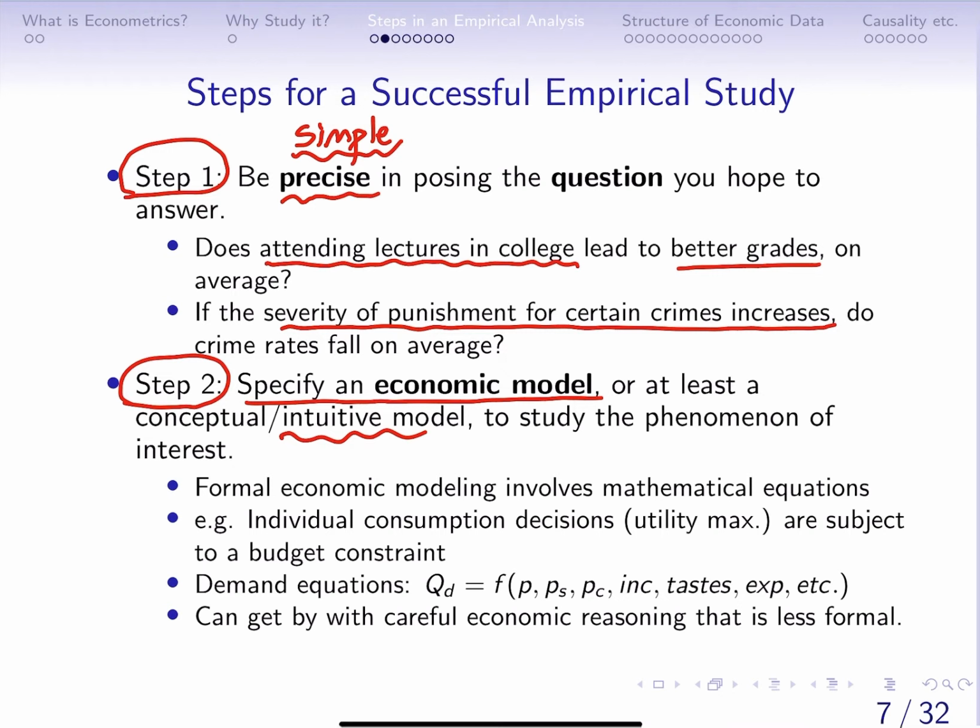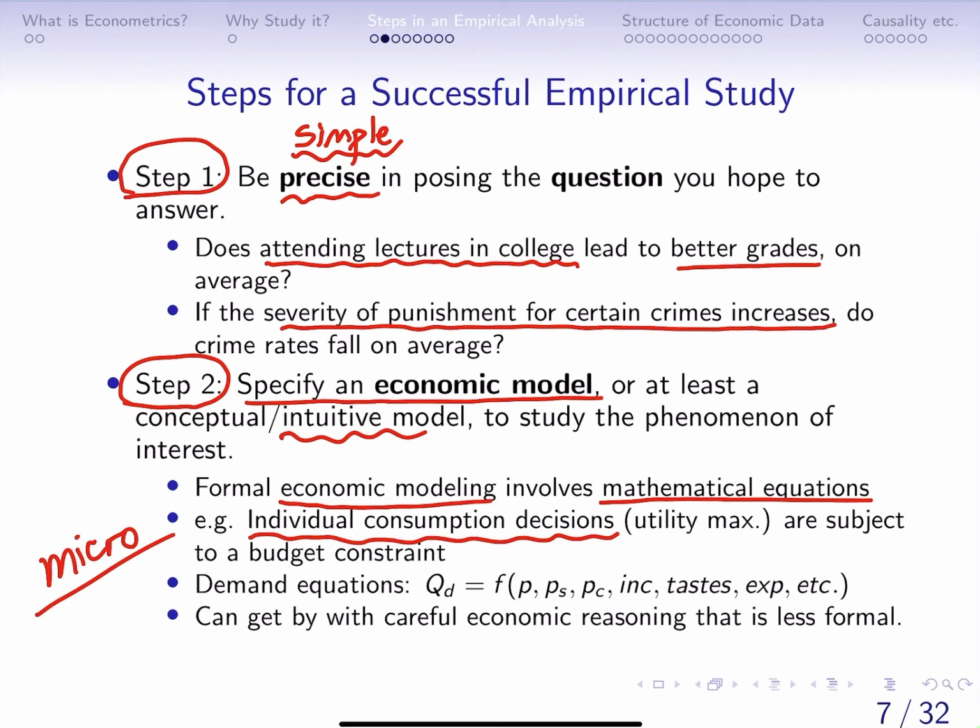Okay, so when we think about economic models, whether you're thinking about theoretical models or empirical models, there are certain mathematical equations that are part of that model. So in, let's say, your micro courses, you remember that we talk about individual consumption decisions that households or individuals make, and those are usually guided by some sort of a utility function.